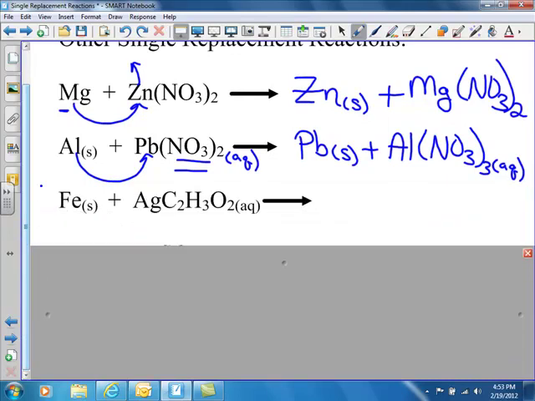Okay, let's do another one. Iron plus silver acetate. See if you can predict the products. The iron kicks out the silver, so the silver becomes the solid, and then the iron attaches itself to the acetate ion, and you can choose whichever ion you want here.